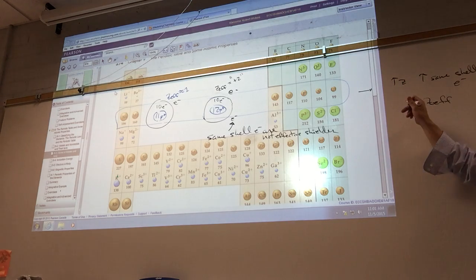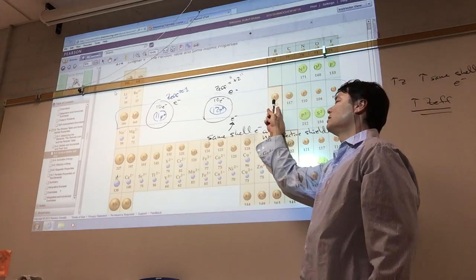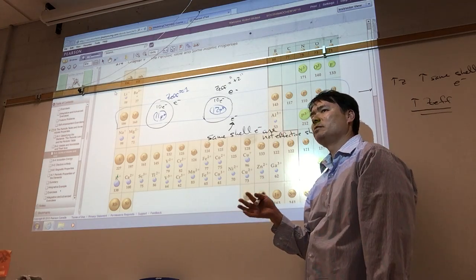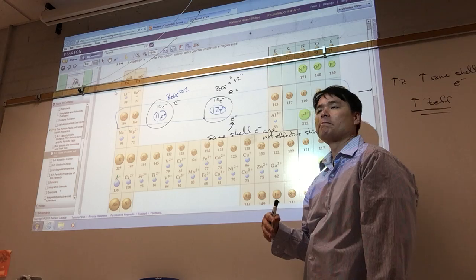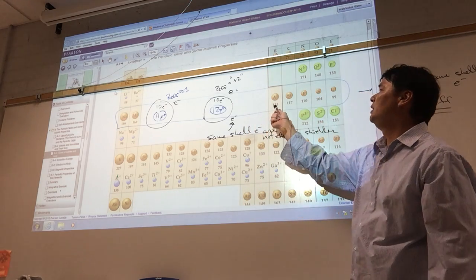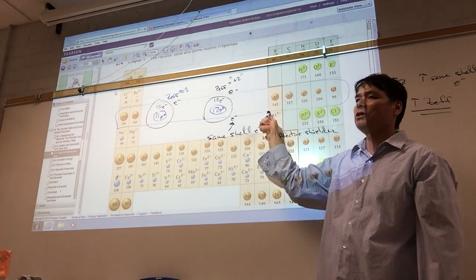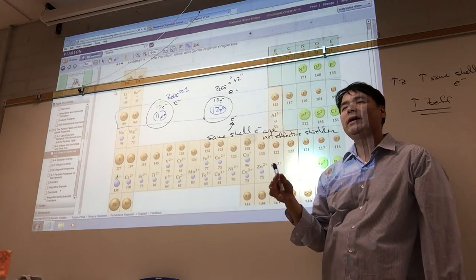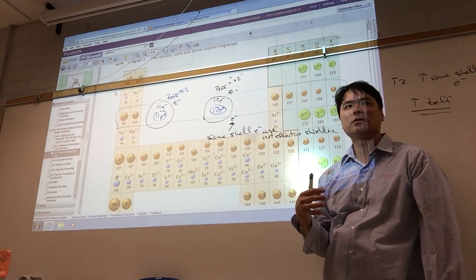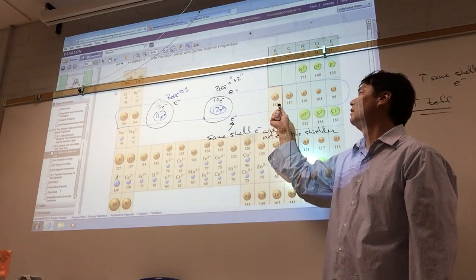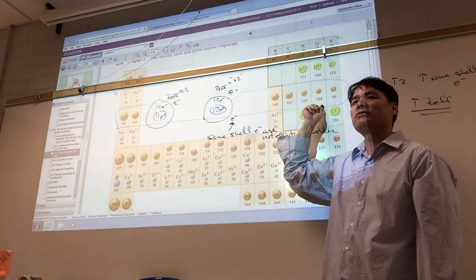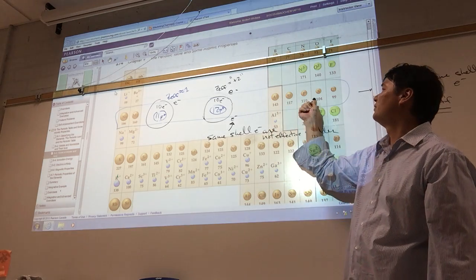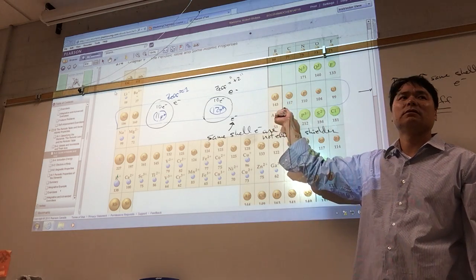And so the size gets smaller because Z effective increases progressively. When we get to aluminum, even though this is in the p orbitals, we're just going to call it the same shell because it's the 3s and the 3p. Now we have 13 protons. 10 of those are going to be shielded by the core, and the remaining will be shielded by the same shell, which isn't as effective. And so Z effective, crudely, goes up to +3, +4, +5. The higher Z effective is going to pull in all the electrons closer.